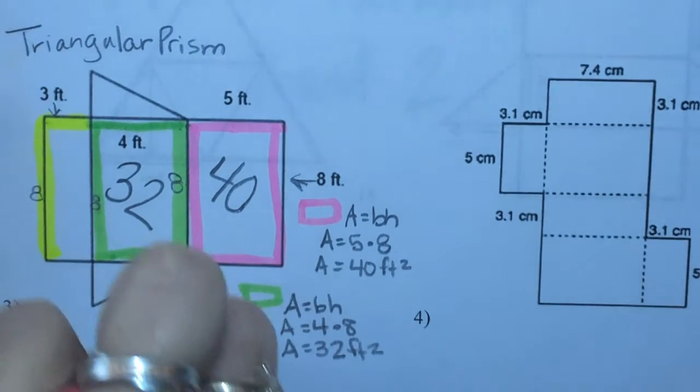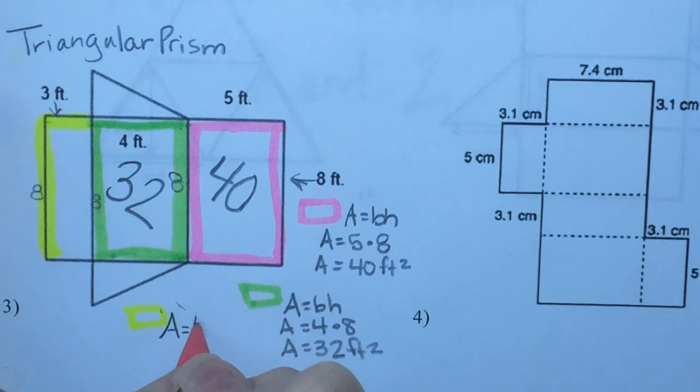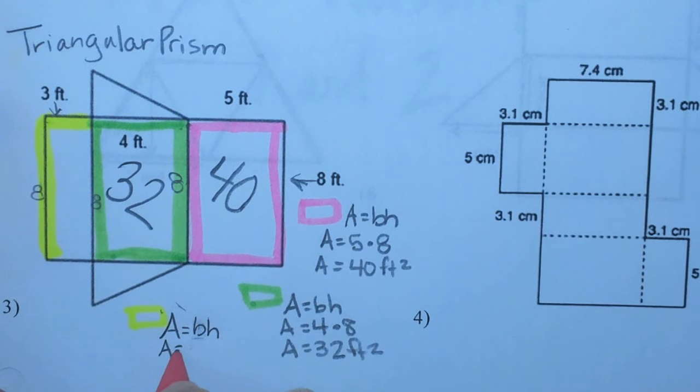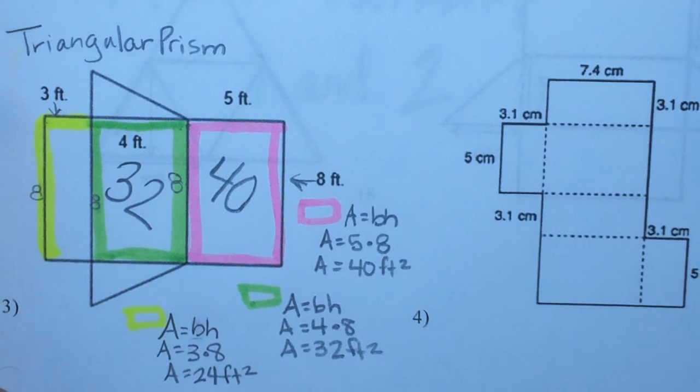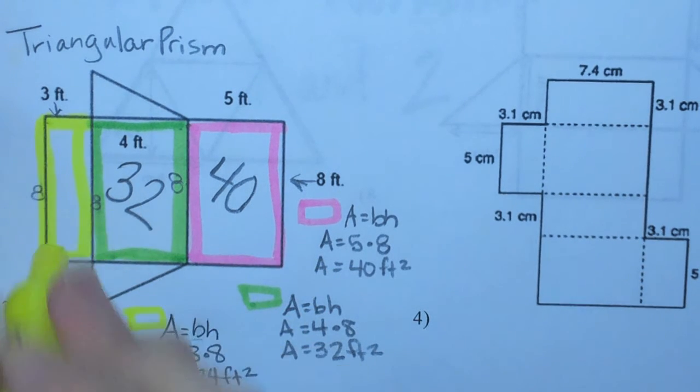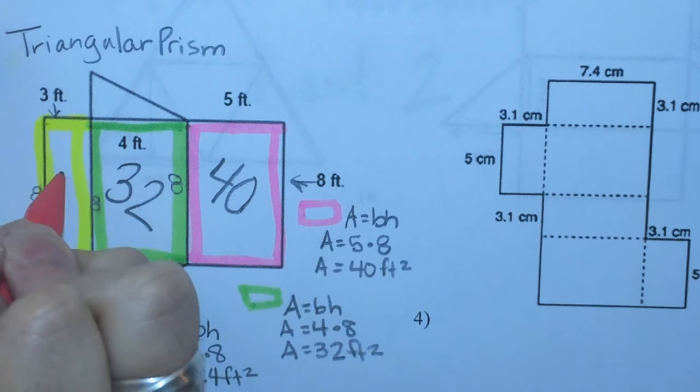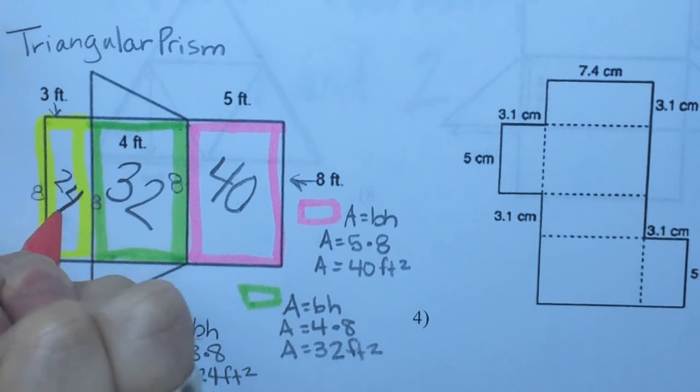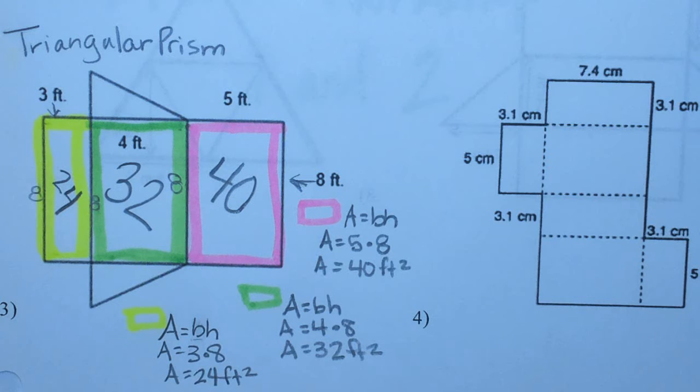Going too fast. So the yellow rectangle is 24. Notice all three of those rectangles have different amounts, different surface areas.